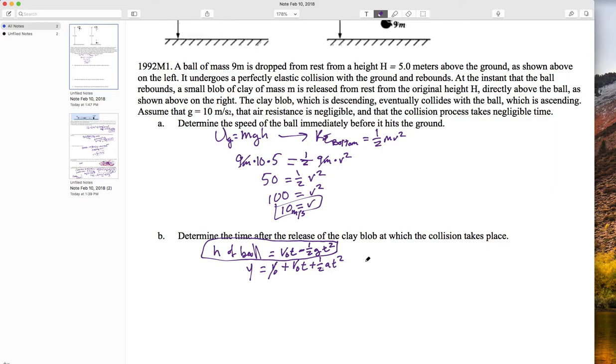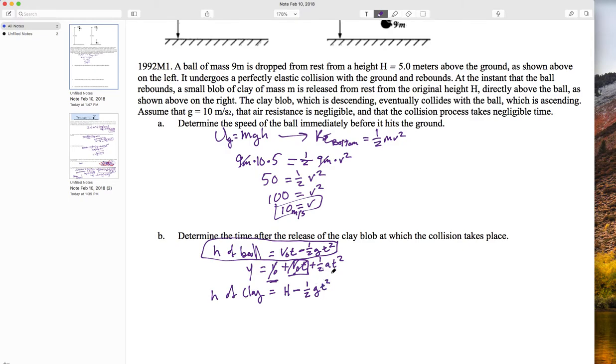And the equation for the height of the clay is going to be its initial height. We don't have initial speed there for the clay, but we do have initial height. Let's call it h, which we know is 5 meters. And that's going to be minus however much height we lose due to gravity.